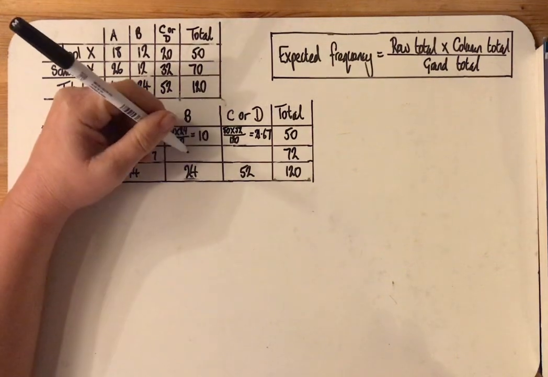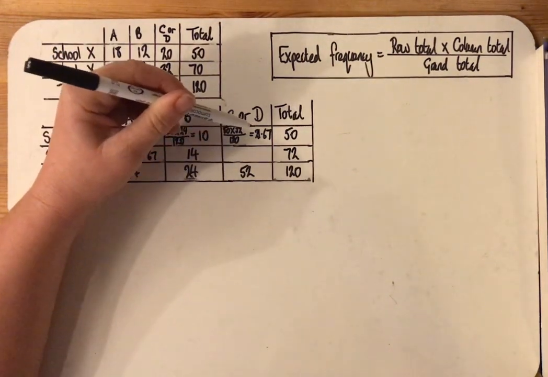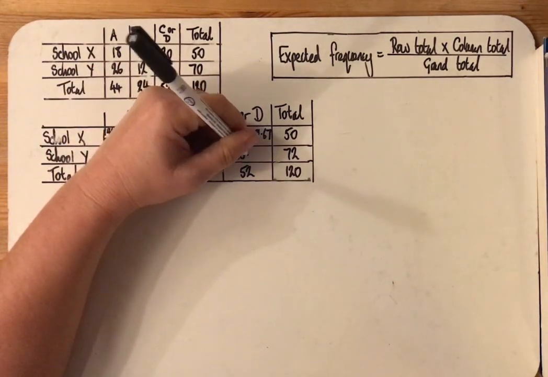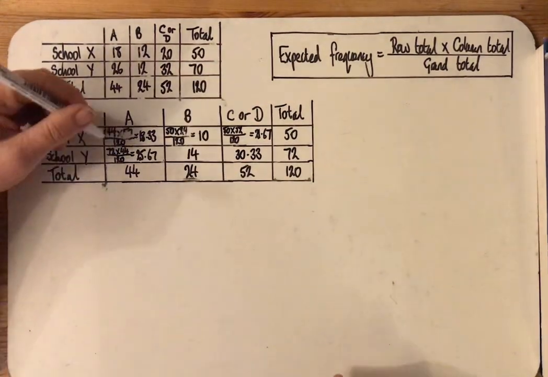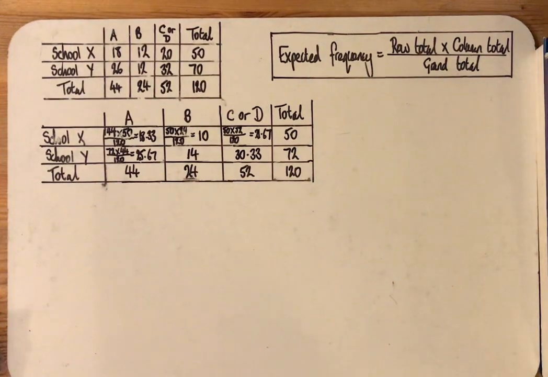So 24 minus 10 is 14. 52 minus 21.67 is 30.33. So you could use the totals instead. And then the rest is quite similar to what you're doing before.